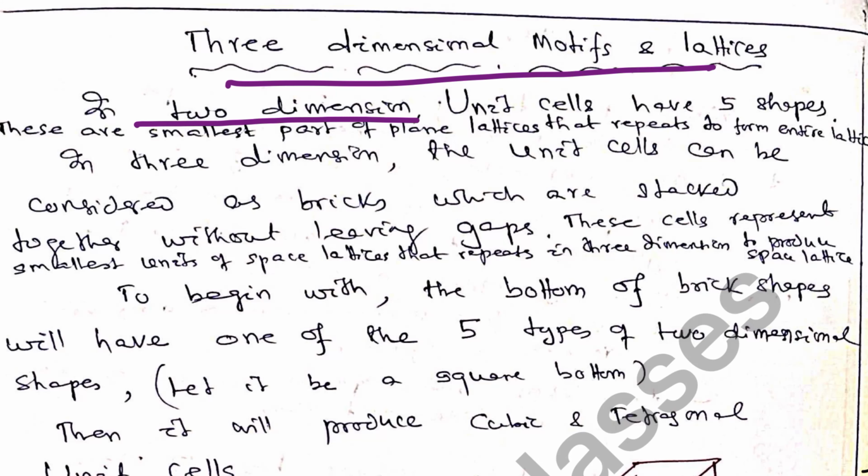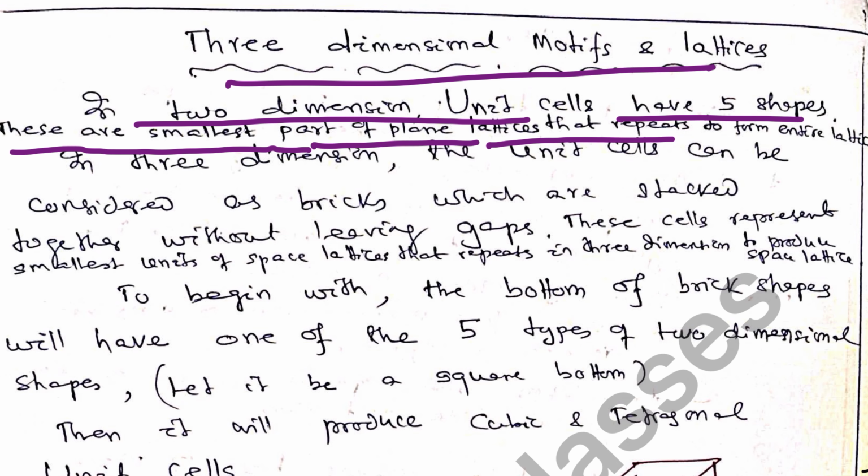In two-dimensional unit cells, there were 5 types of shapes or 5 types of planar lattices. And these small lattices form the part of the plane lattice that repeats to form the entire lattice in 2 dimensions.